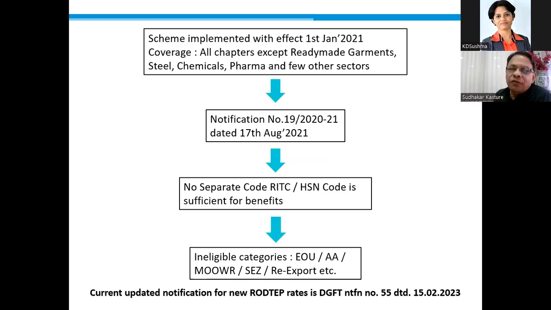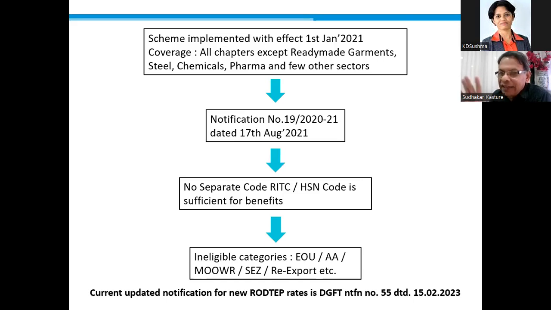The notification was issued: Notification number 19, 17th August 2021. No separate code was required; the HS code is sufficient for claiming the benefits. And they have categorized some ineligible categories: if you're operating as an EOU or you're an advance authorization holder, you will not get this.